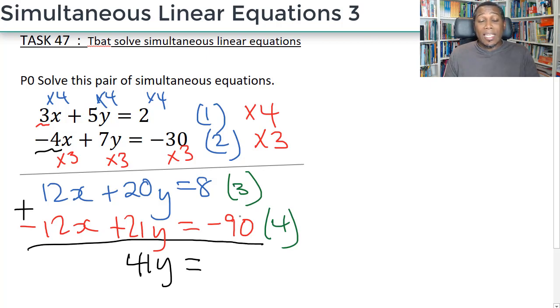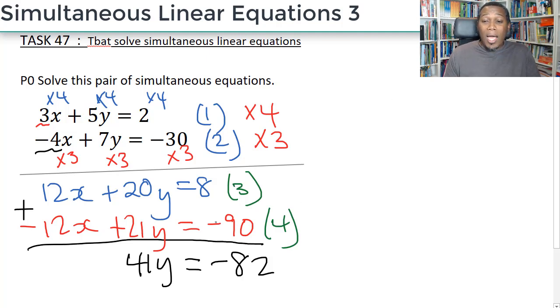I'm just thinking, what's the difference between 8 and 90? That's 82. So what we're going to have here is minus 82. We know the answer is going to be negative. Just think about the difference and then put in the sign. So the 8 plus minus 90 gives me minus 82.